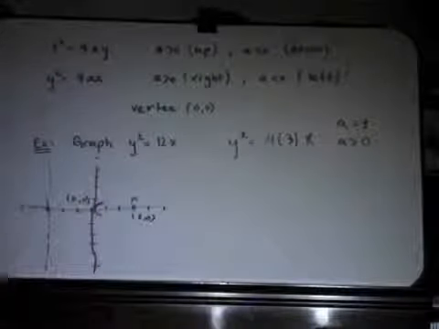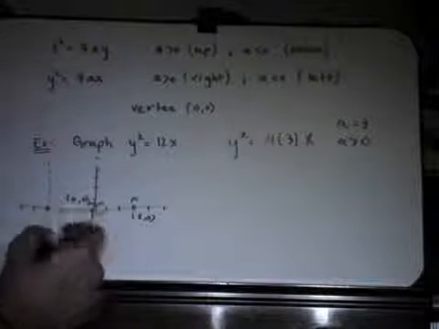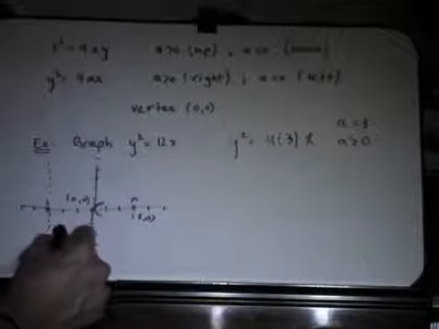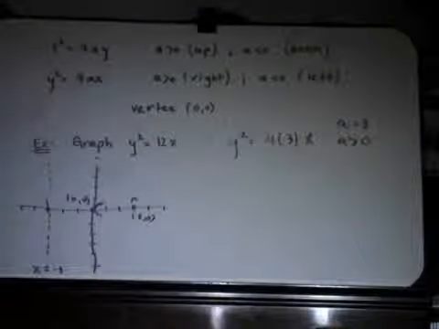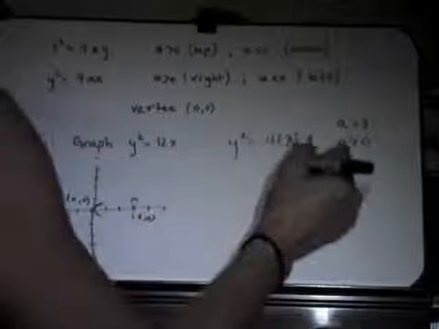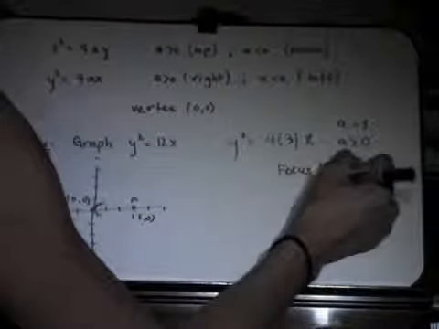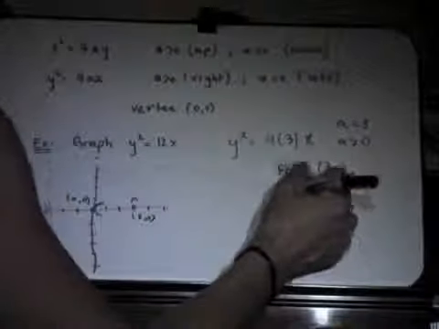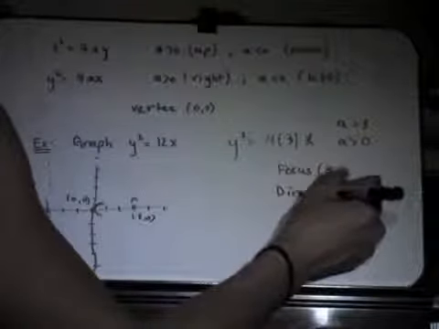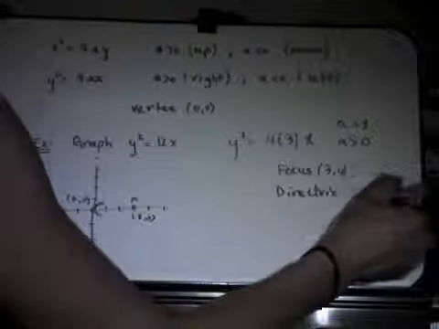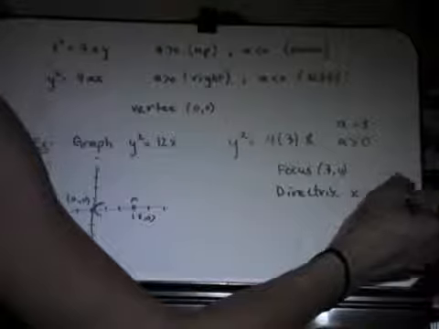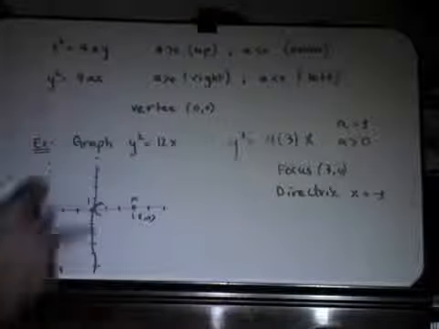So since I'm passing through the x value -3, we have x equal to -3 as our directrix line. So we know that we have a focus situated at the ordered pair (3, 0), and a directrix line situated at the vertical line x equals -3.